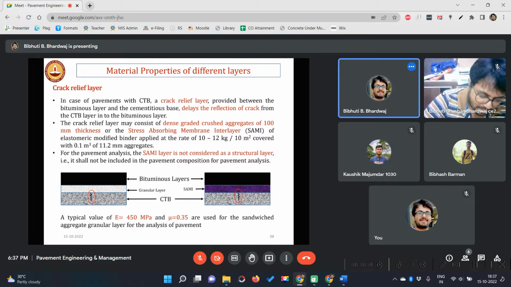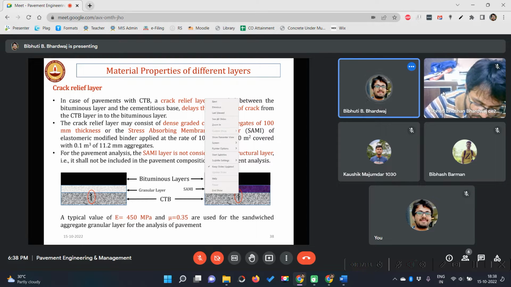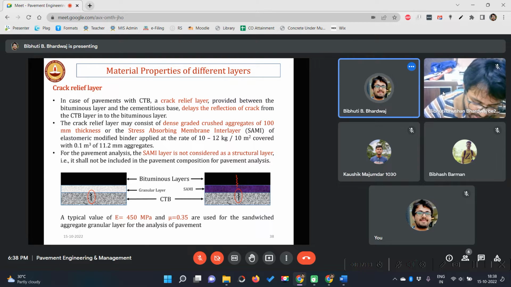Since this is modified with cement, because of high rigidity and with some load, these layers may get cracked. And in order to prevent these cracks from propagating to the bituminous layers, what we do is provide some layers in between, which we call a crack relief layer.